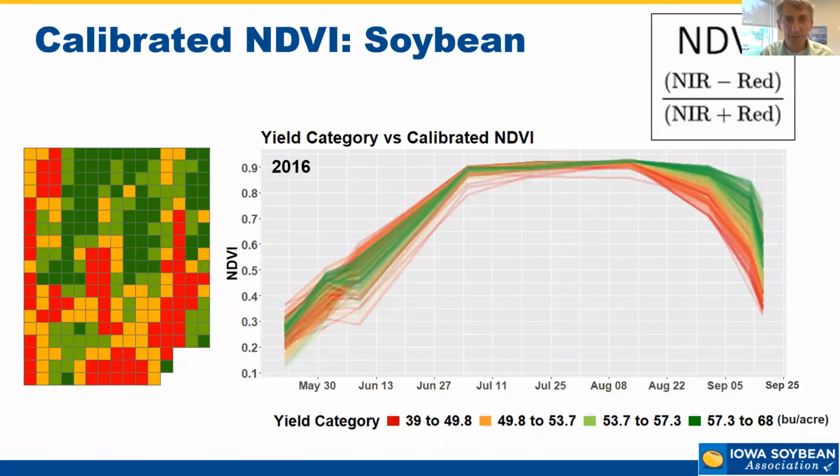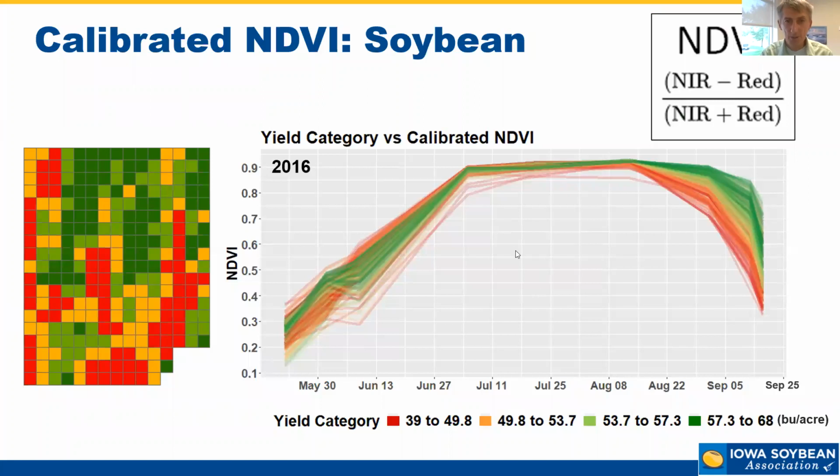A little bit about NDVI. It's the most common index, which was developed in the mid-70s, around the time when I was born, to assess growth of different crops using satellite imagery.